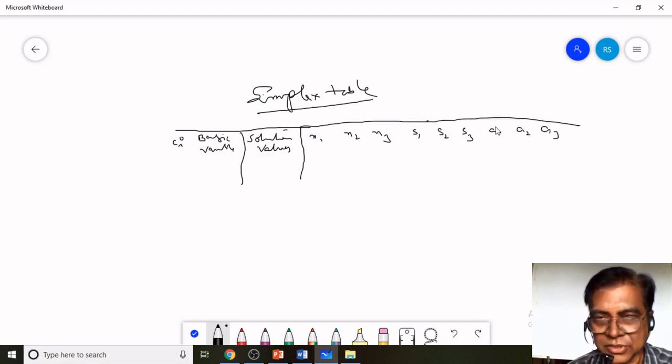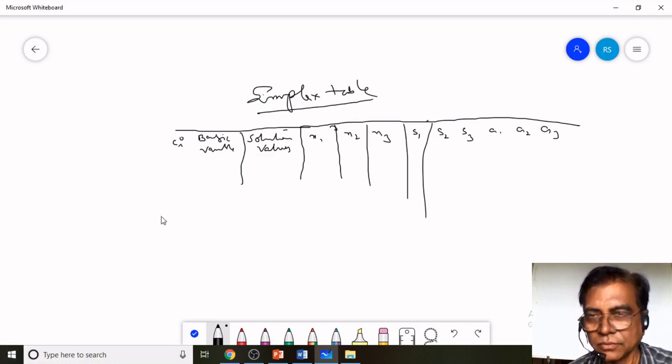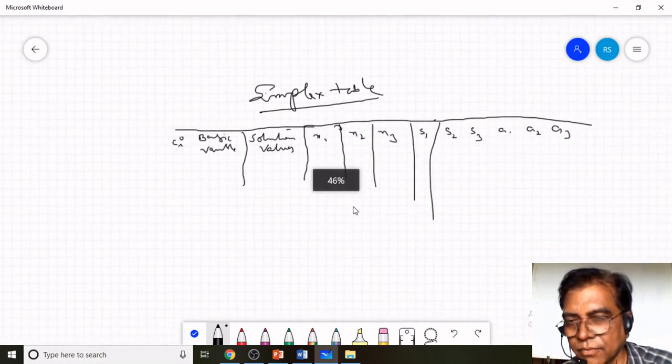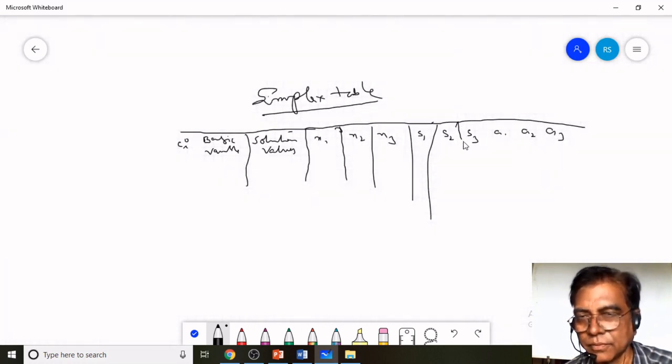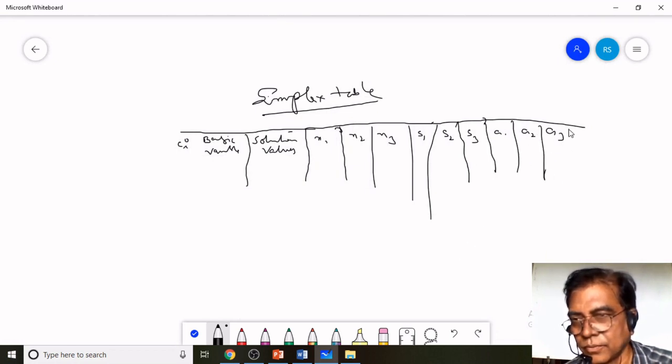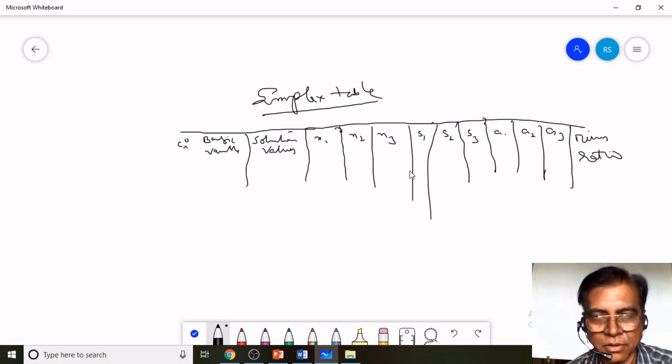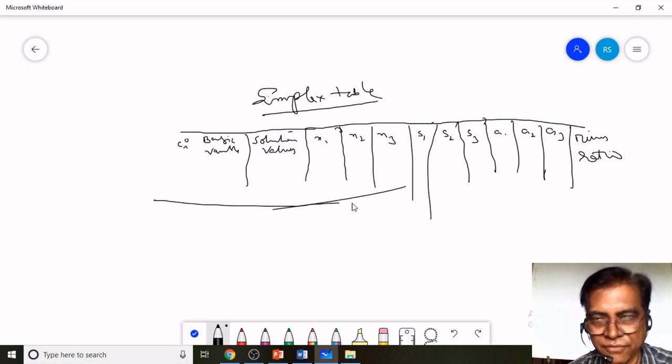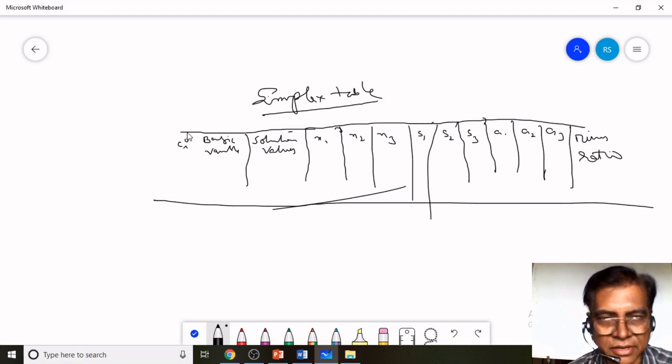Column wise it is like this, and the last column is the minimum ratio. This is the standard format of the simplex table.